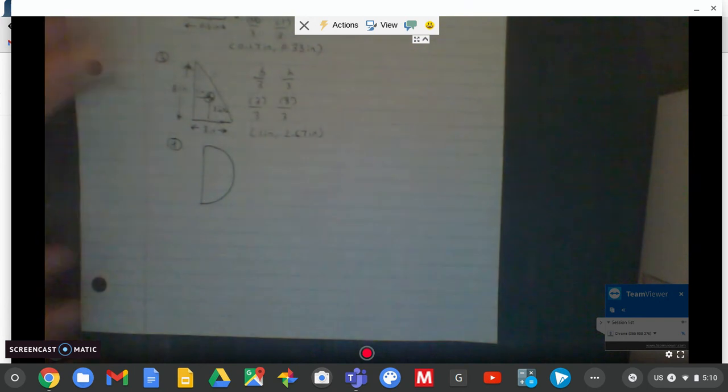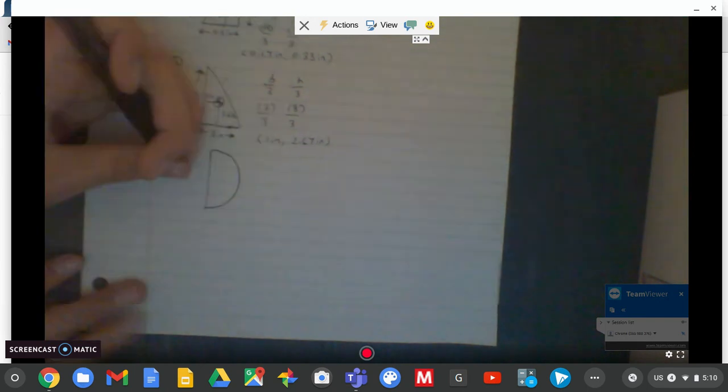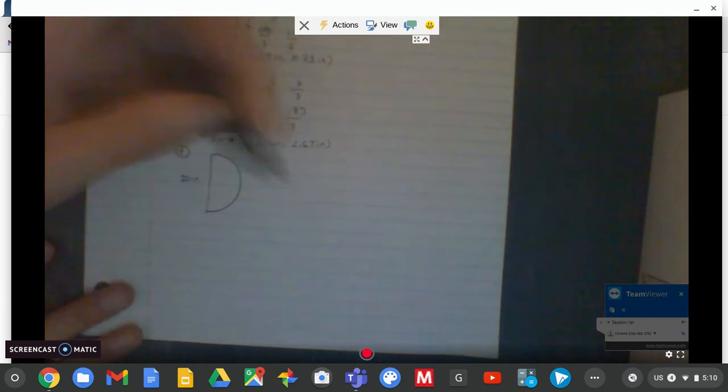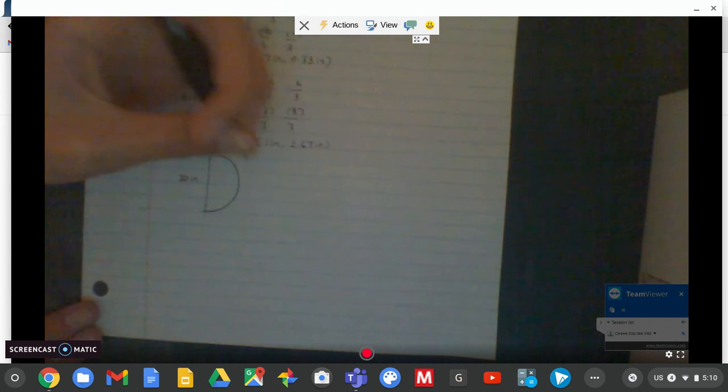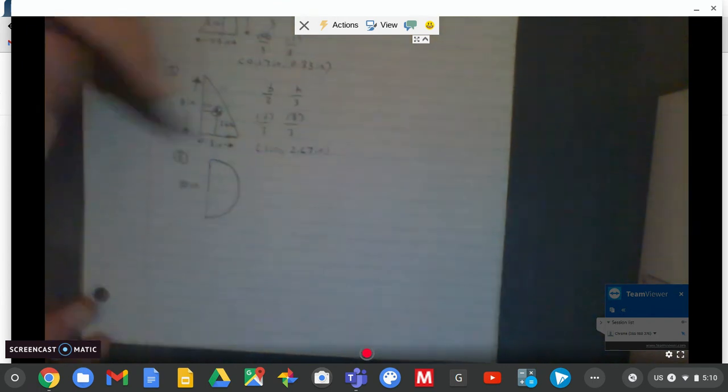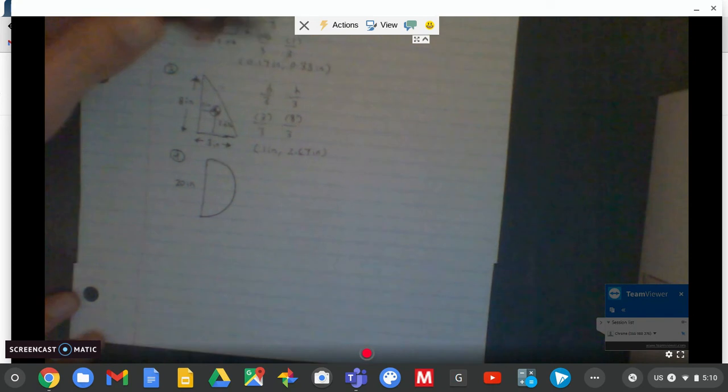And this time we're given a diameter of 20 inches, and that's all we need. So the formula to find the centroid of a semicircle, remember it can change based on the way it's orientated.